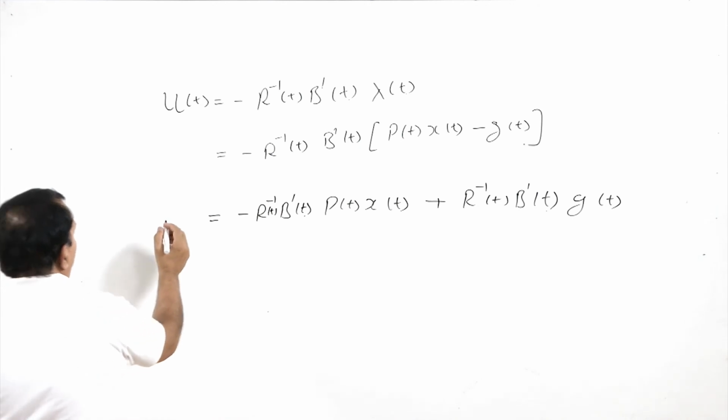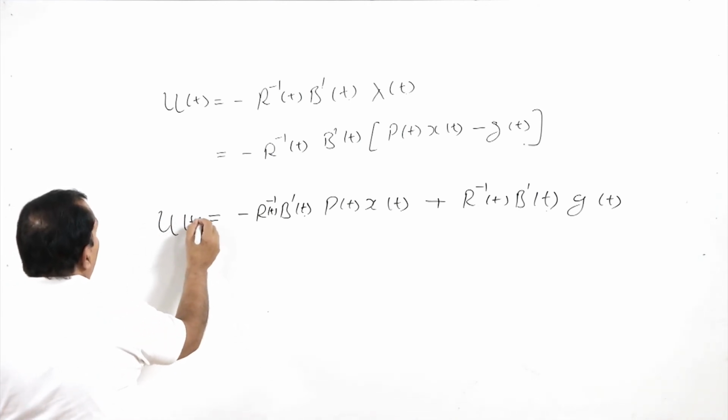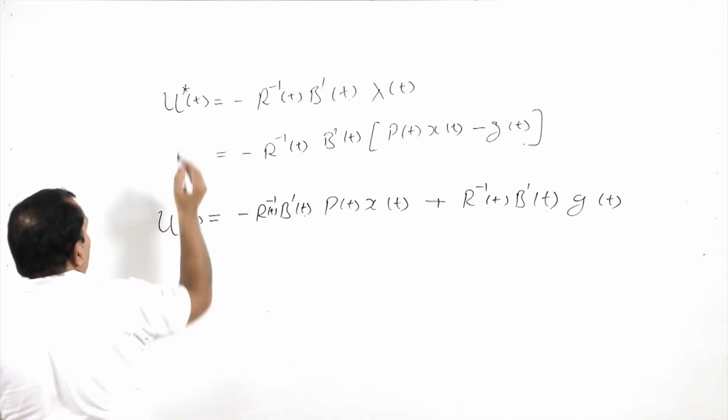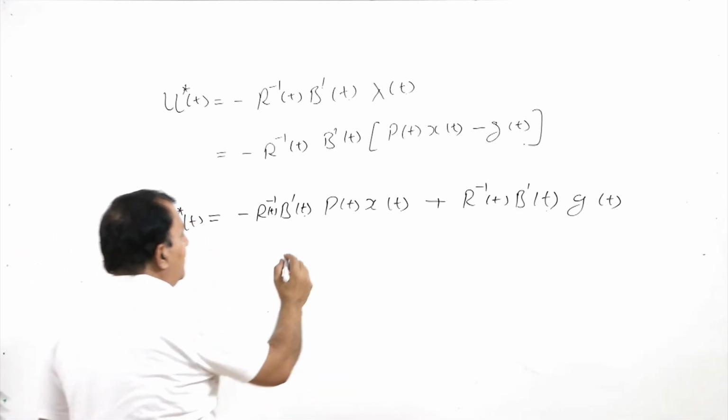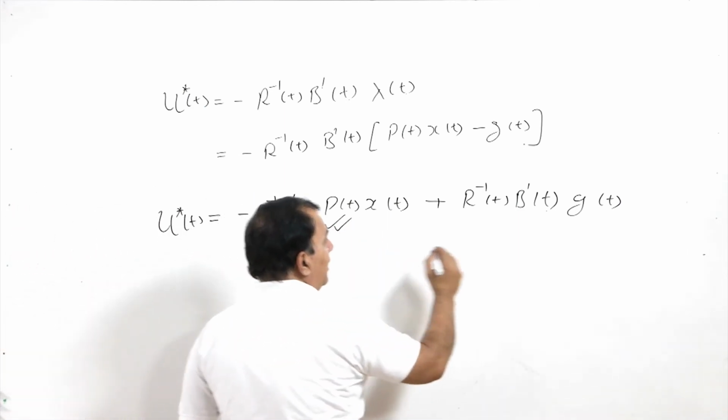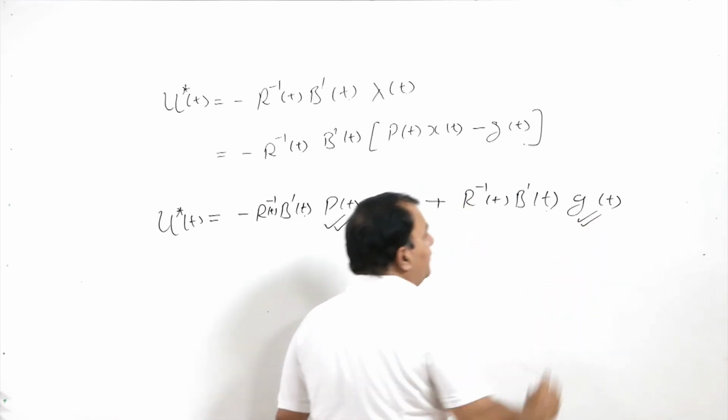So, to obtain the optimal value of the u, I must know what is my P and what is my G.